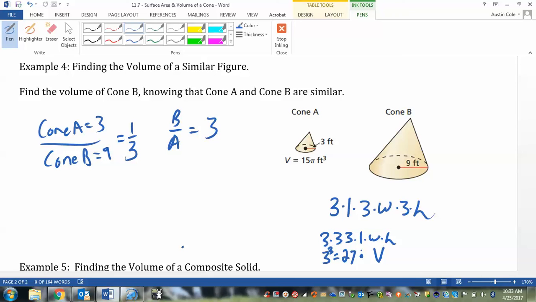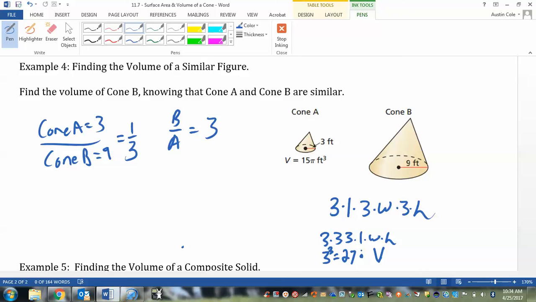All right. So the basic idea is it's easier to look at with a prism. If I have a prism, I have a length, I have a width, and I have a height, right?